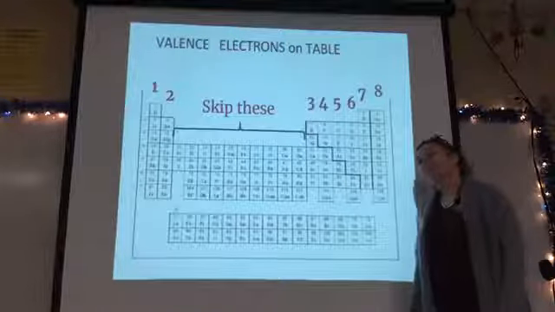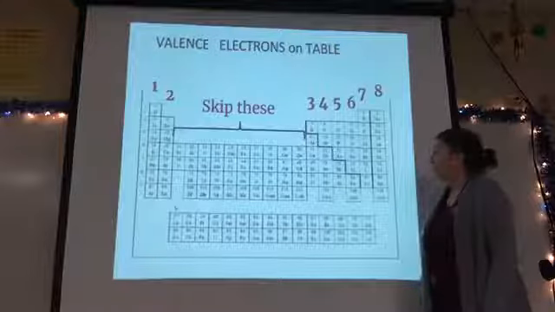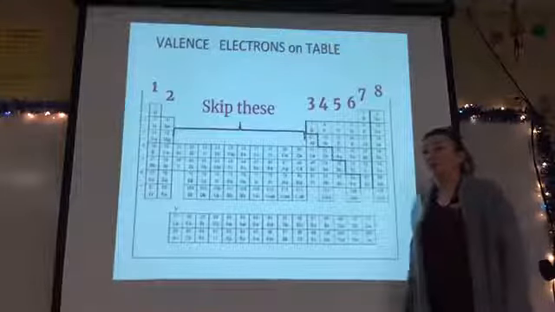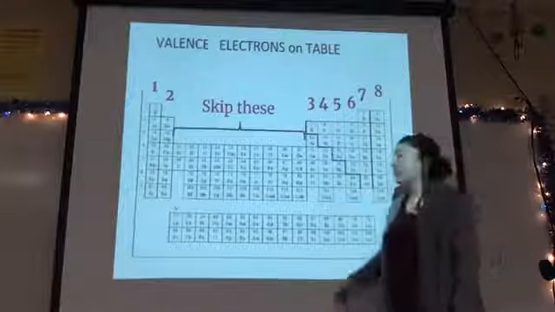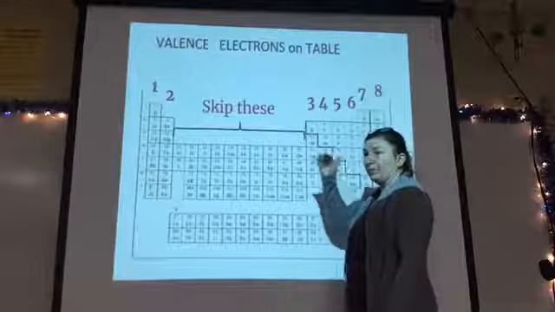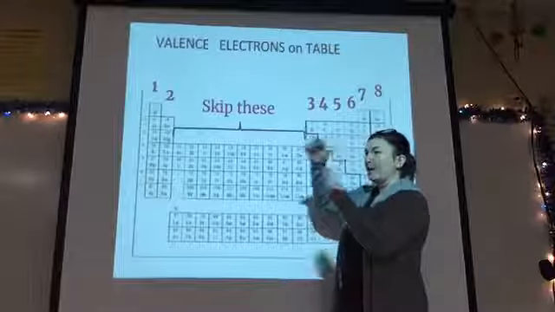What about the D block? We skip those. Don't they have any valence electrons? They do, but remember, we look at the higher energy level that they're in.